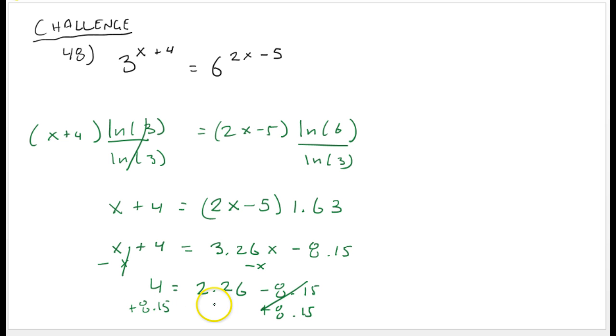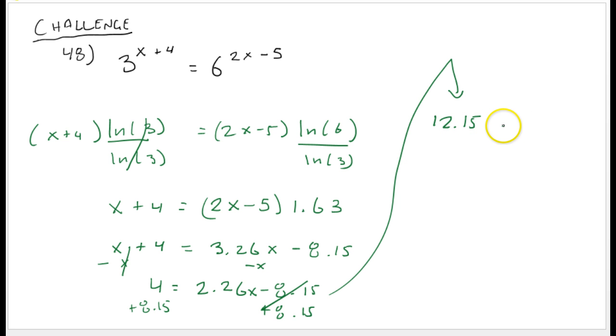This goes away. Bring in my x there. That goes away. And I'm left with 8, 9, 10, 11, 12.15 is equal to 2.26x. Divide both sides by 2.26.